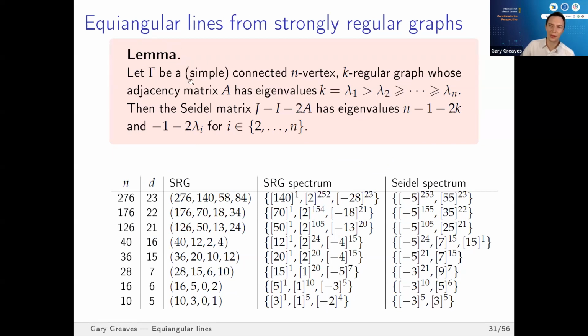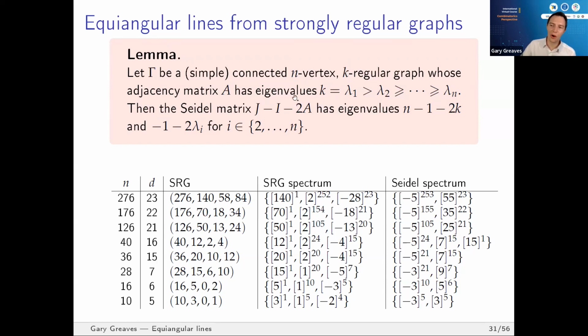If gamma is a simple connected n-vertex k-regular graph, so it has n vertices and every vertex has k neighbors, and we assume the adjacency matrix has these n eigenvalues, then since it's connected the largest one has multiplicity 1, and we have lambda 2 up to lambda n as the other eigenvalues.